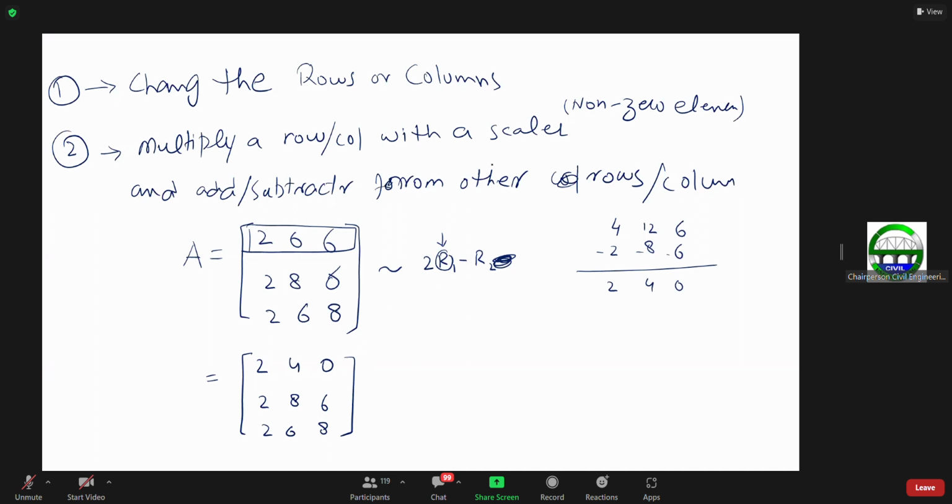You can interchange two rows, or you can multiply any number with any row and subtract or add it to the other rows. This is one of the interchanging things as well. Okay, so this is the second one, and the last one is 3.